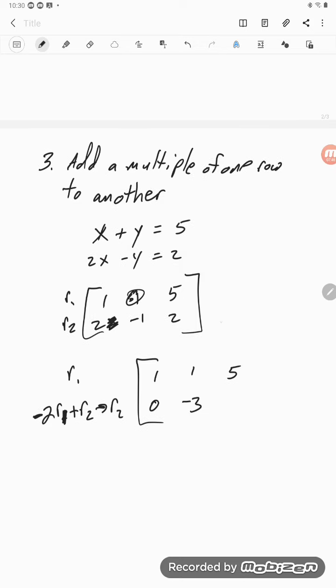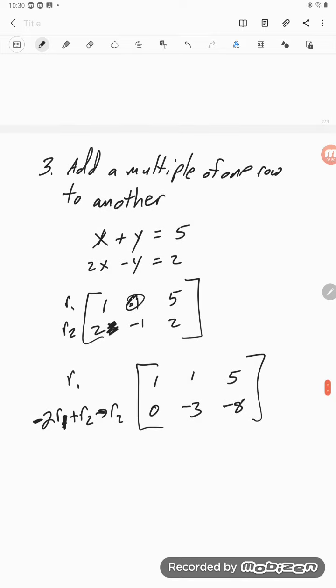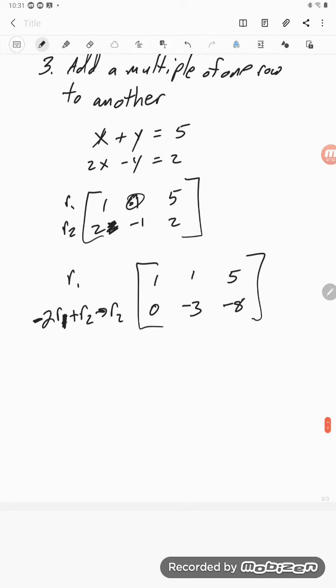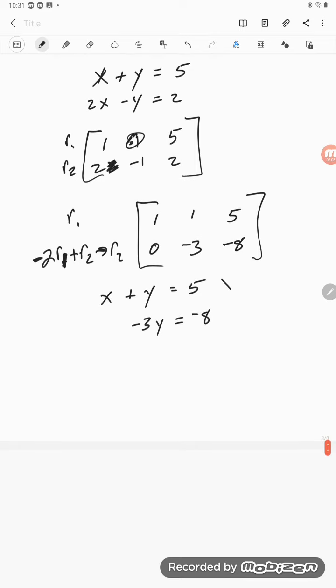And then negative 10 plus 2 is negative 8. And we have that, which is the system x plus y equals 5 and negative 3y equals negative 8. And this system should have the same solution as that system.